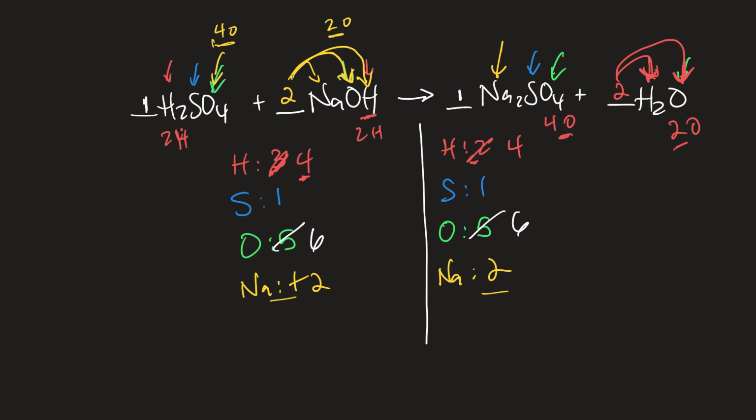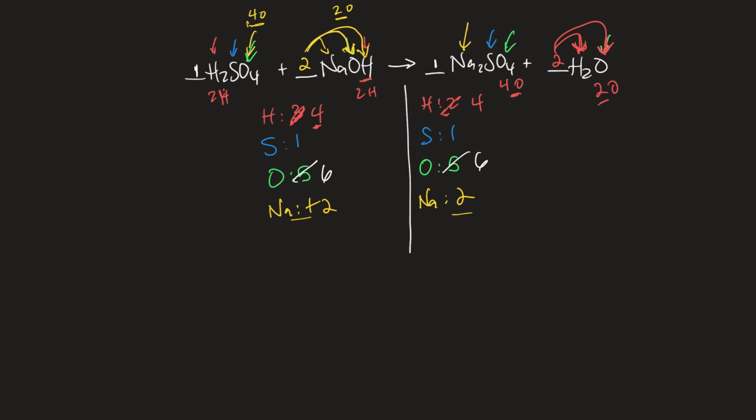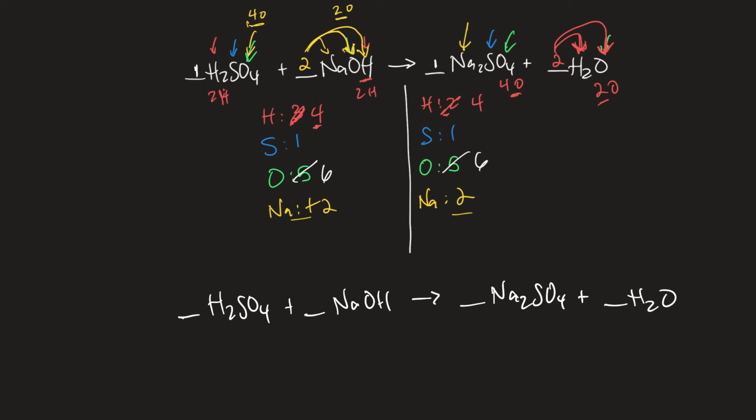All right. Now, just a rule of thought, balanced chemical equations, you always want to make sure that the coefficients are reduced to the lowest whole number values. So what do I mean by that? If you look at this chemical equation here, H2SO4 plus NaOH yields Na2SO4 plus H2O.